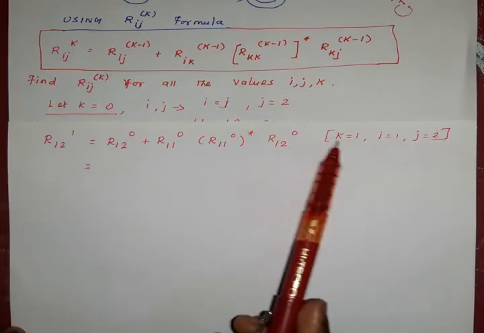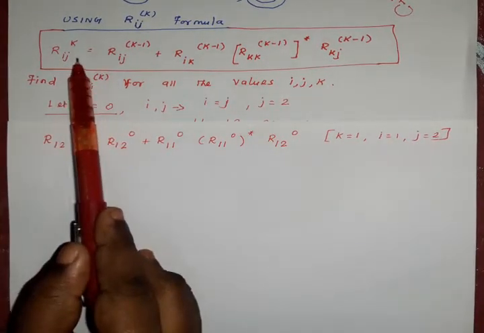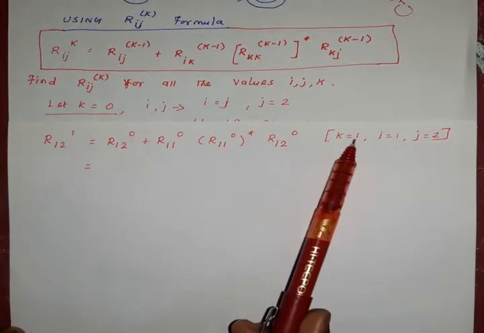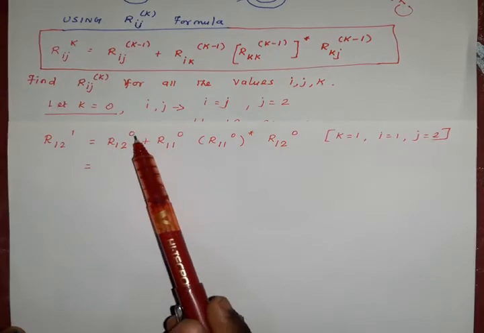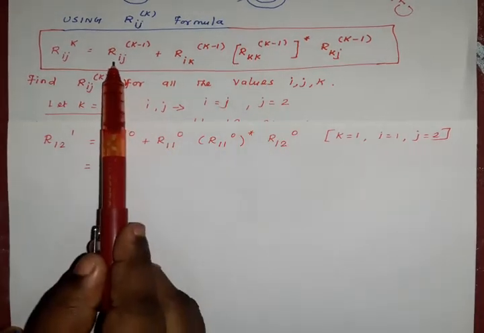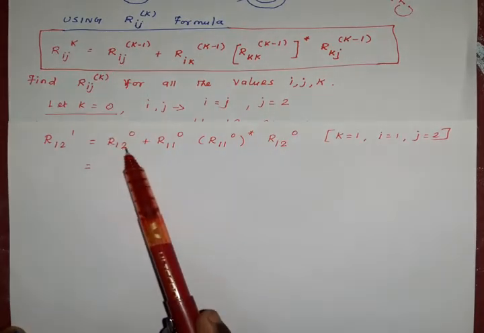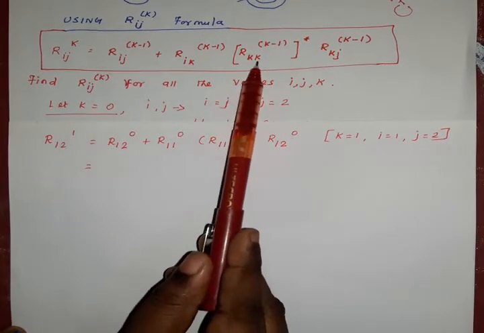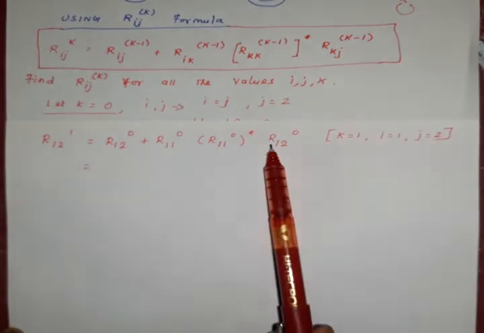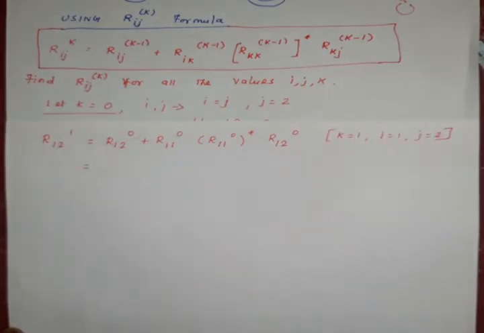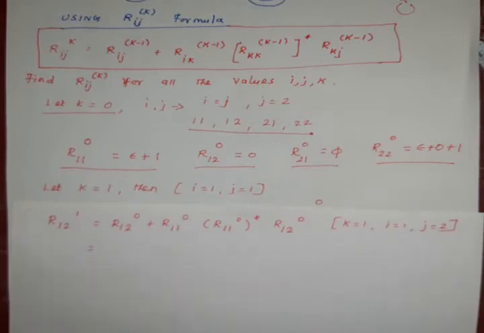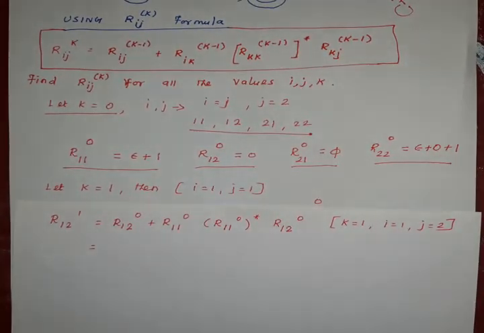So these values are to be applied in this formula. So we get R12 power 0, because k is 1, 1 minus 1 is 0, so all the power values are 0, and i value is 1, j value is 2, so 1 2, i value is 1, k value is 1, so 1 1, k value is 1, so 1 1, and k value is 1, j value is 2.